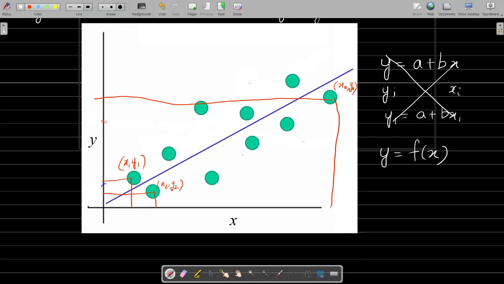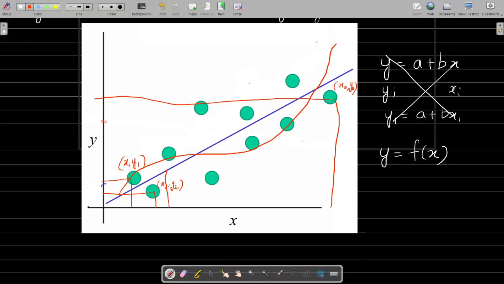Sometimes you may be able to get a straight line which suits this observation. There will be errors, but it is near to this. That is, if I substitute x1, I'll get my y1. If I substitute x2, I'll get my y2. If I substitute x3, I'll get my y3, in that sense. Sometimes I might have to go for a curve, something like this, which fits the data properly.